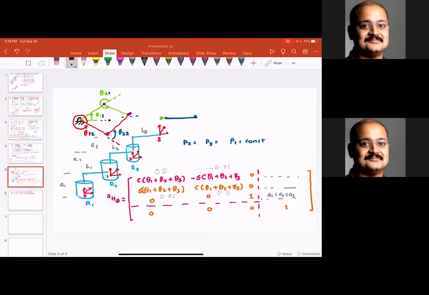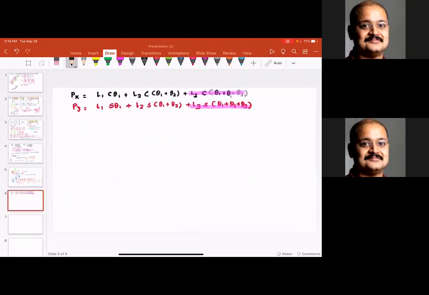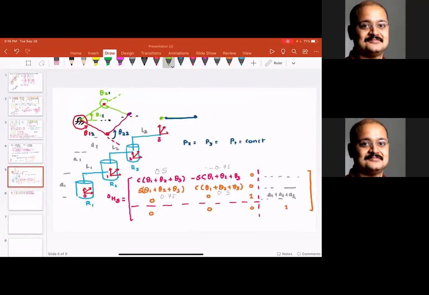So what you would do is, look here, you have cosine theta 1 plus theta 2 plus theta 3, right? This value can be grabbed from here. L1, L2, and L3 are known. L1 is given, L2 is given, and L3 is given.